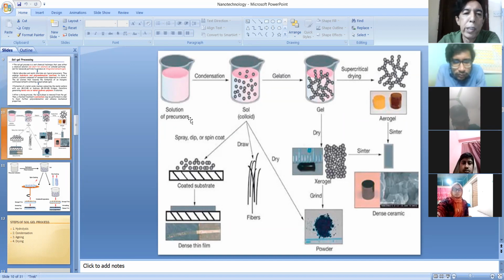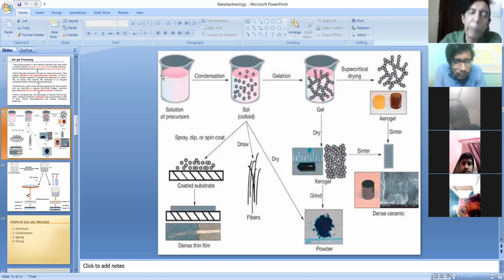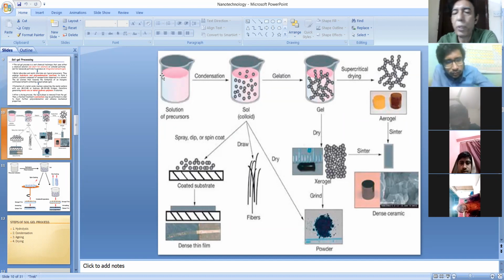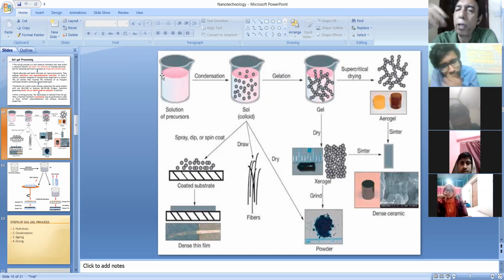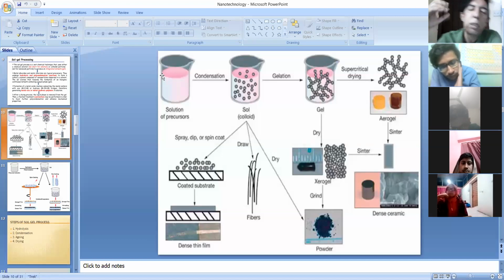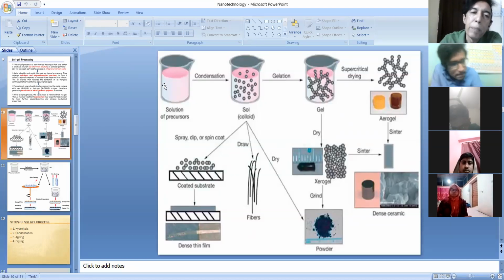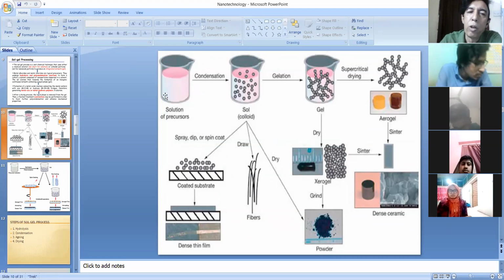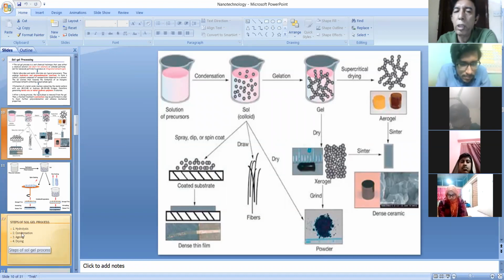You see, first, the solution of precursor. What is the solution of precursor? Solution of precursor means solution of metal alkoxide or metal chlorides. Then the metal alkoxide and metal chlorides, when they are condensed, form salt. We'll see the reaction later.